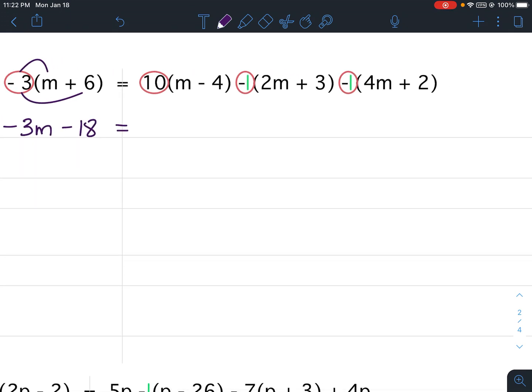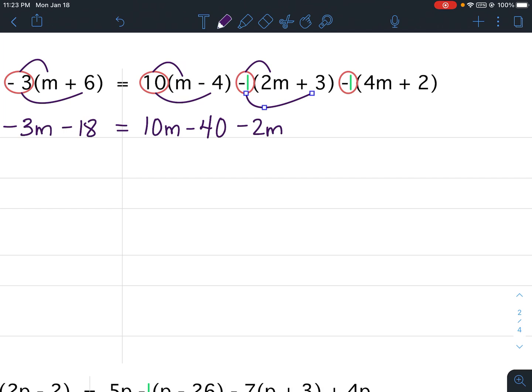All right, now I'm going to distribute 10. So 10 times m would give me 10m. And 10 times -4 would be -40. Now I'm going to distribute -1. -1 times +2m would be -2m.